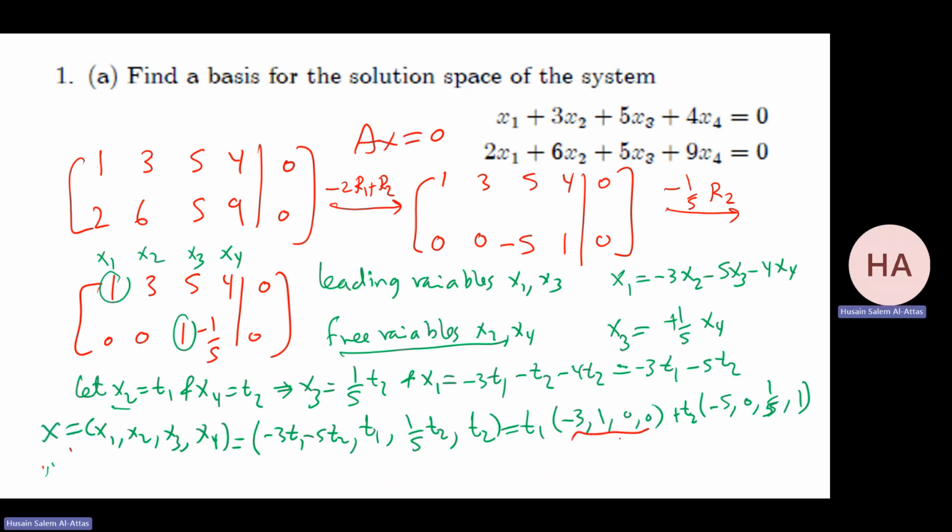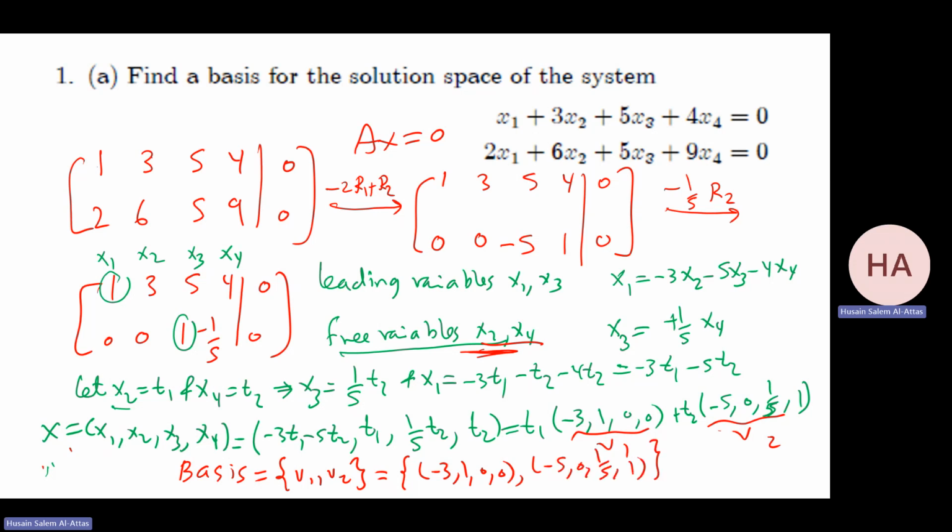So this is V1 and this is V2. Here we have two vectors, so the dimension is 2. The basis will be V1, V2, which is minus 3, 1, 0, 0 and minus 5, 0, 1/5, 1. I hope there are no calculation mistakes, but the idea is very clear.